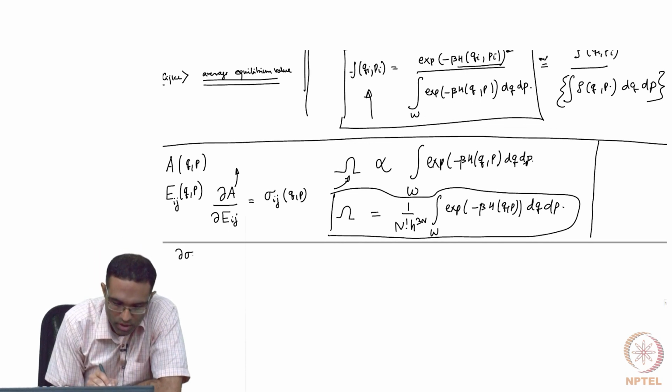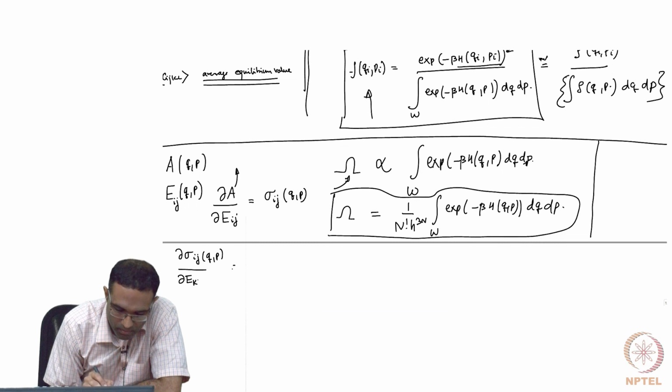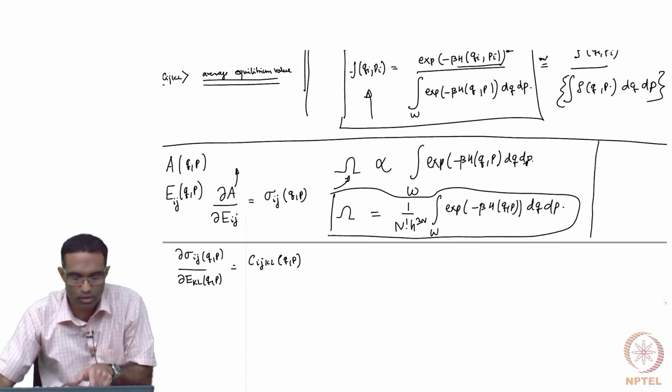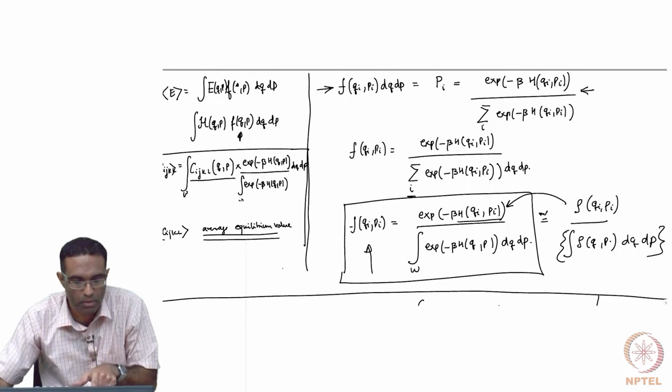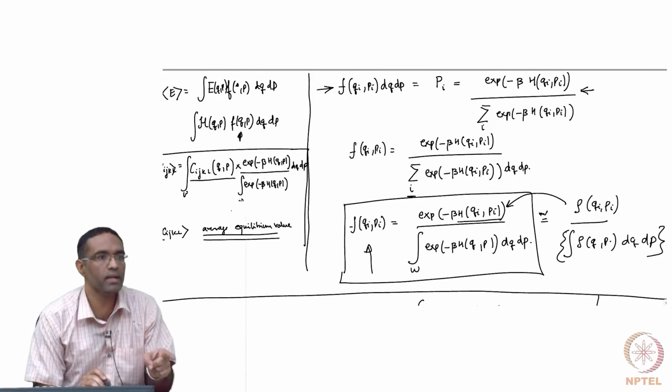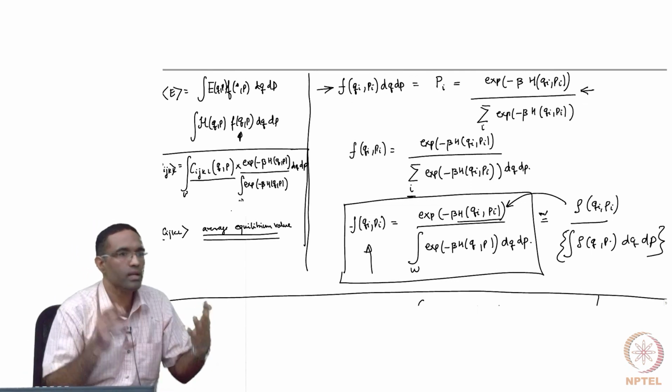Now if you differentiate this, you basically get explicit expressions as a function of q and p. You substitute this Cijkl(q, p) here in this expression and perform this integration, you would get the average elastic constant the system will have at equilibrium.